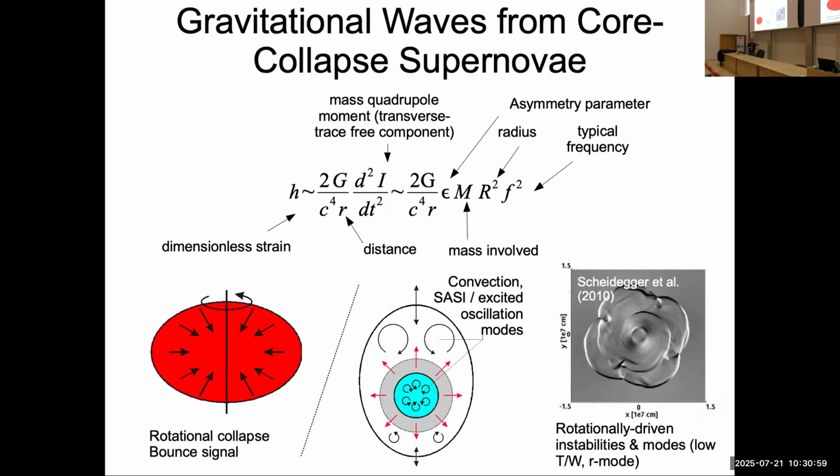But what we generically always expect to happen is that the instabilities that are responsible and important in normal explosions, which is convection driven by neutrino heating, convection in the protoneutron star, and the standing accretion shock instability, if it occurs, will generically make gravitational waves.